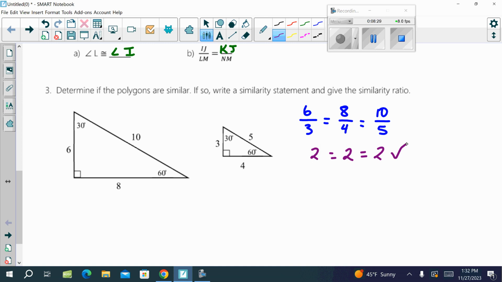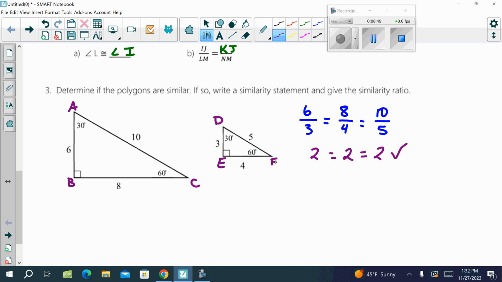Write a similarity statement. So what that means is, I need letters on here. Name this A, B, C, and name this one D, E, F. Okay.